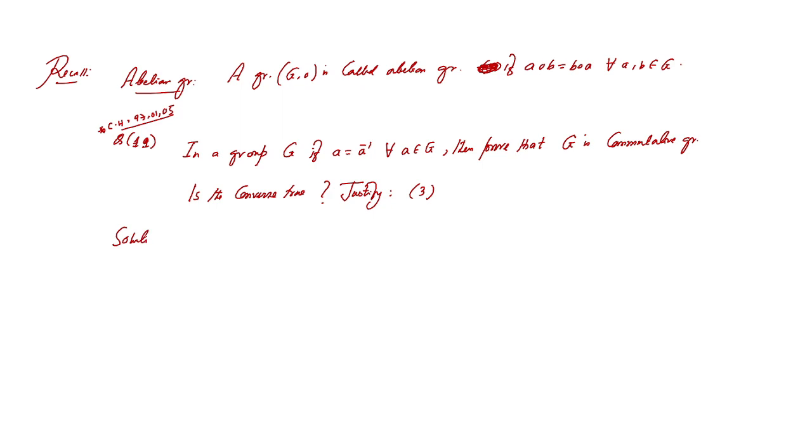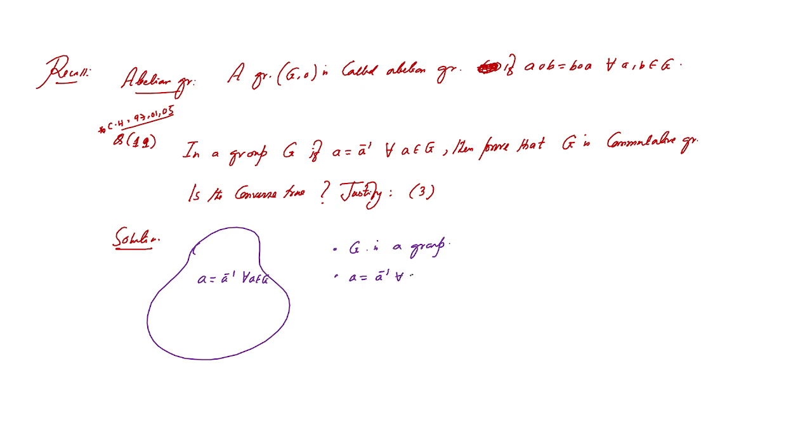Now the thing is how to solve this question. What is exactly given and what we'll do, that we need to consider first. It is given, the first information, G is a group, with some composition. And what is given? a equals a inverse for all a belongs to G. Every element is its self inverse.